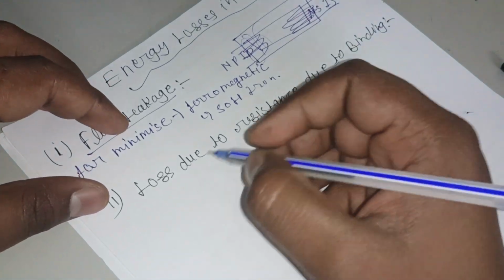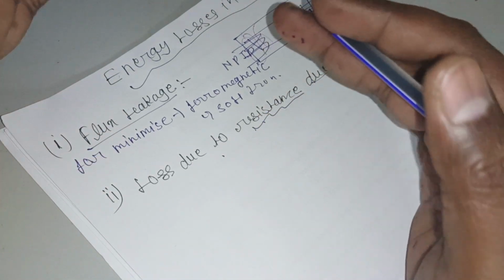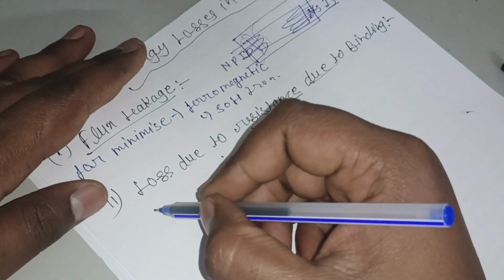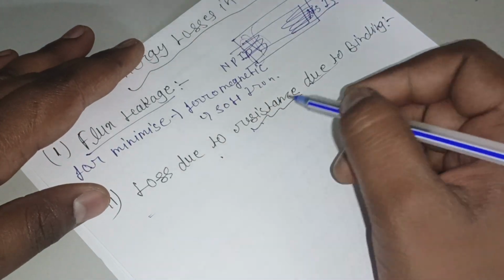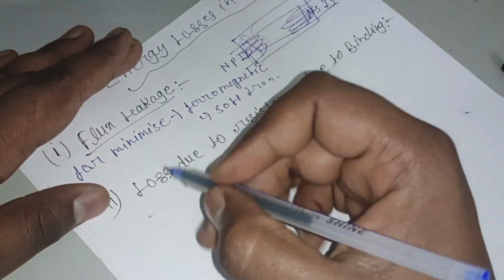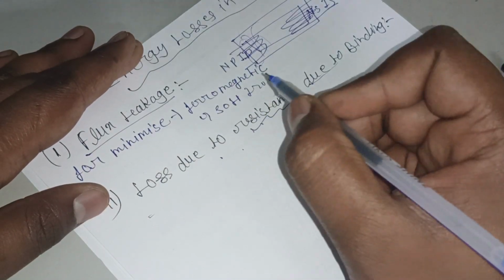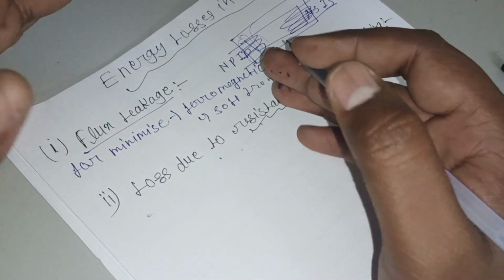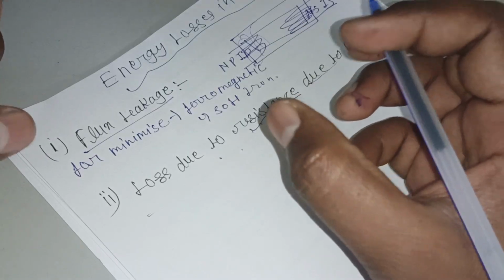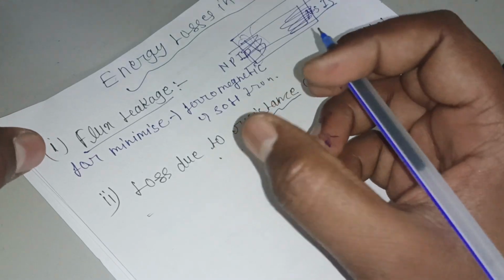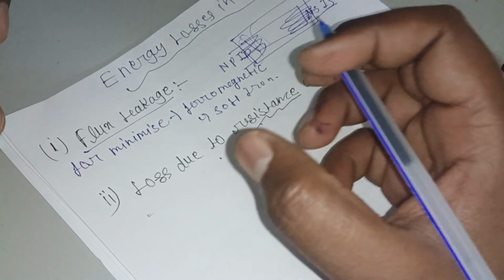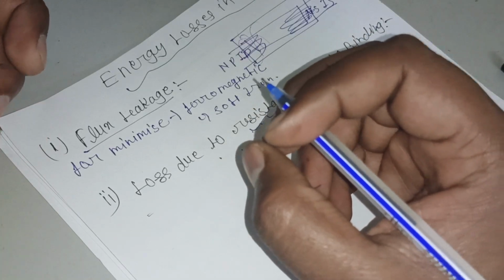Okay, so resistance, we know this very properly, that if the wire is very long, it means it has a high resistance. If high resistance, it means it will get heat. If any wire is offering very high resistance, that wire gets heated very soon.